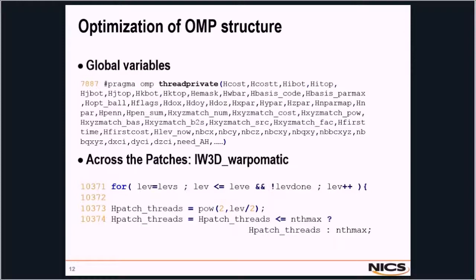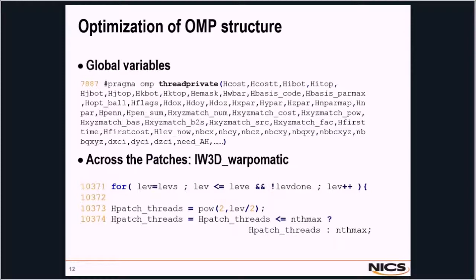First we need to make sure all the threads are working on their own memory space of the patch. So we need to identify all the global variables, declare them thread private, and make sure each thread has a copy, a view of its own patch. This is the most tedious step in this process.